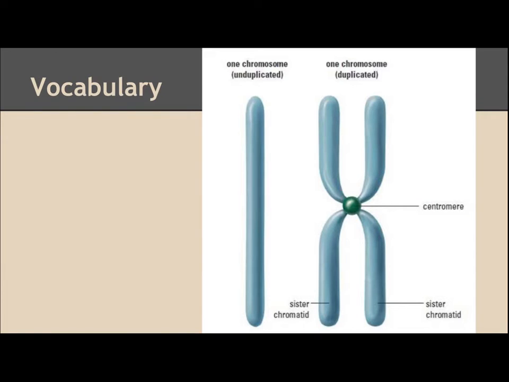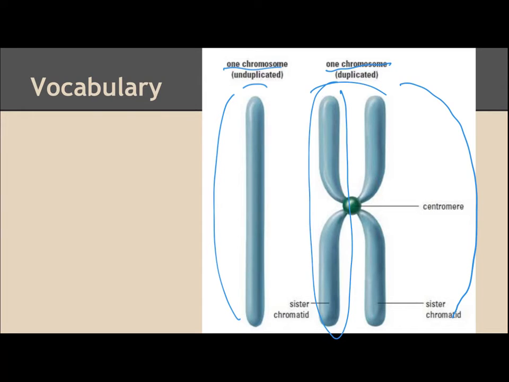So vocabulary again, if we're looking at one unduplicated chromosome, it's just like a line like this. We also call the X, when it's a duplicated chromosome, one chromosome. So this is a chromosome, this is also a chromosome. In a duplicated chromosome, each half is identical to the other half, because when the cell divides, each new cell is going to get one of these halves.